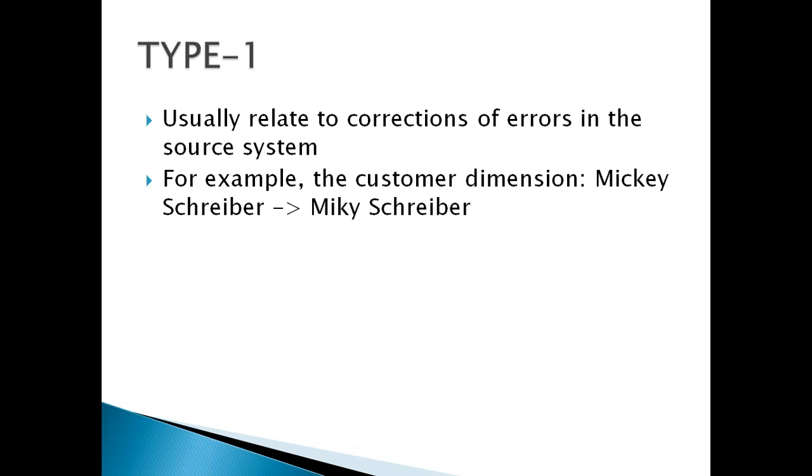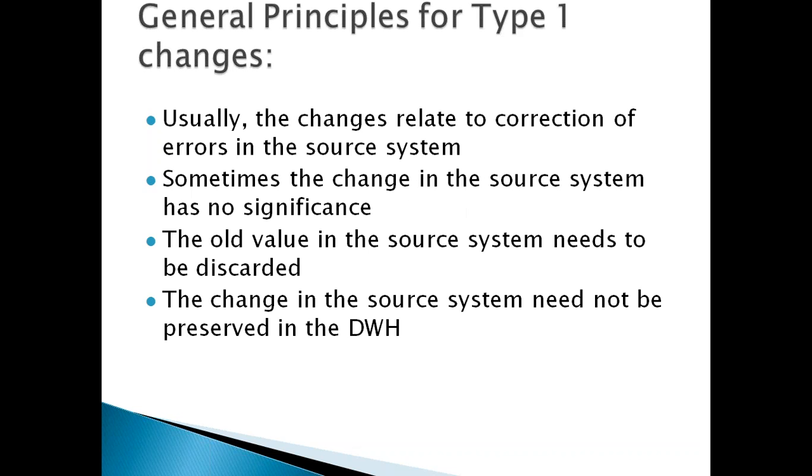Now the general principle for your type 1 SCD is that changes usually relate to the correction of errors in the source system. Wherever you get some errors and you need to make some correction for the data, then you go for SCD type 1. Sometimes the change in the source system has no significance. That is true. There is no significance of a misspelled name, right? And the old value in the source system needs to be discarded.